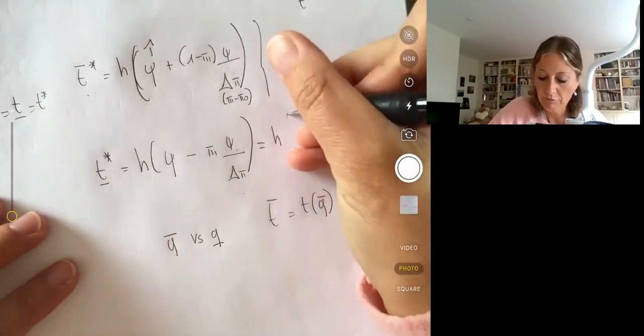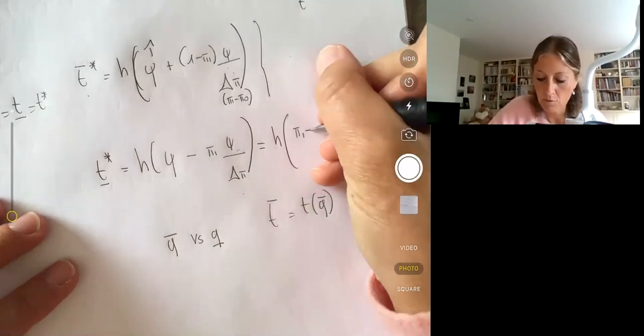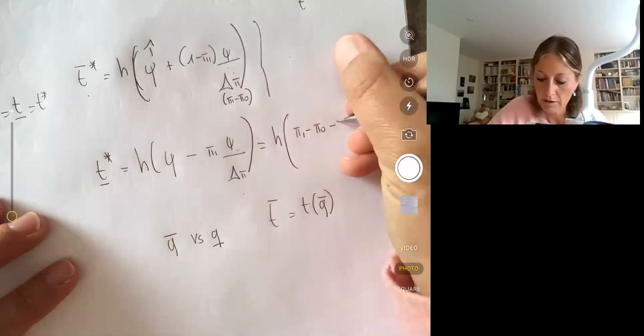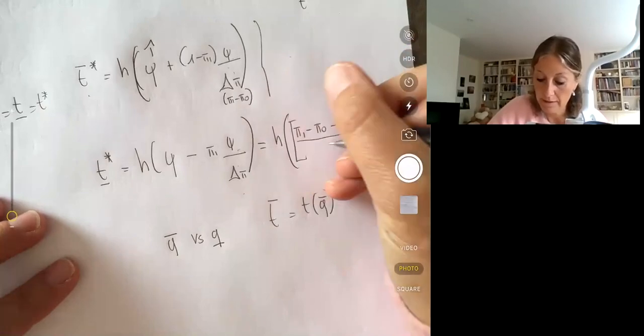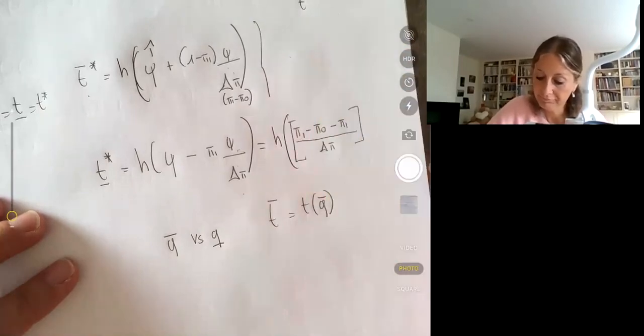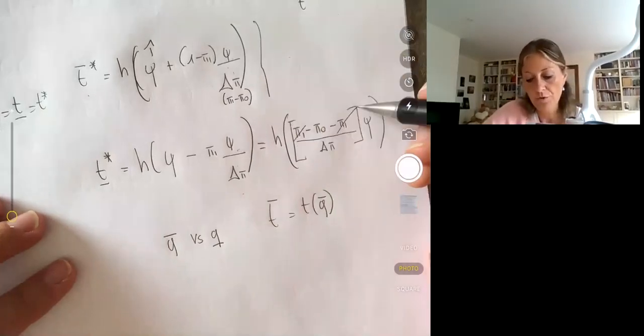So this can be written as pi 1 minus pi naught minus pi 1, divided by delta pi. What do you notice?